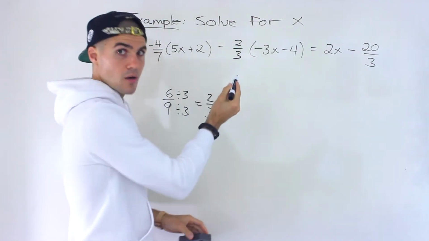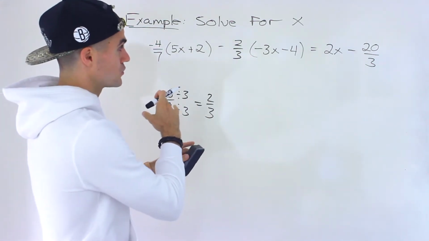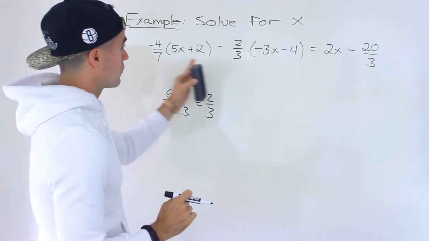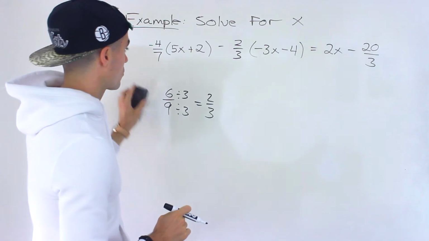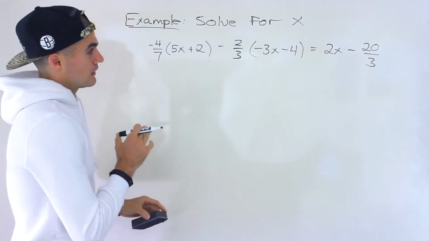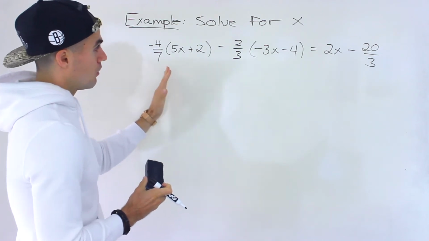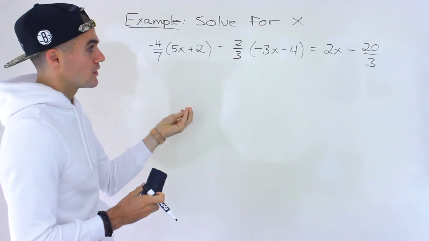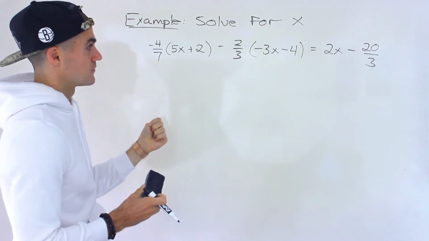Sometimes you'll run into these opportunities where you could simplify before doing any crazy algebra. So we got these fractions, a negative 4 over 7, negative 2 over 3, negative 20 over 3. And personally, if I see something like that, what I like to do is multiply all the terms by something that would get rid of the fractions, get rid of the denominators.